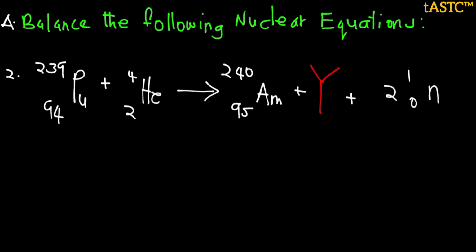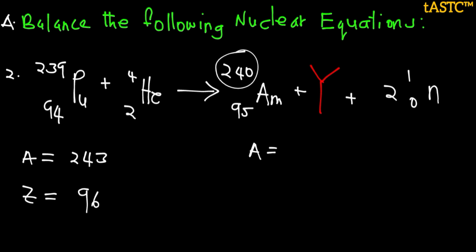And so as usual, we have 239 added to 4. That gives you A equal to 243. Then here you have 94 plus 2. So Z would obviously be equal to 96. Now on this other side, we have A is equal to 240 added to 2 multiplied by 1.